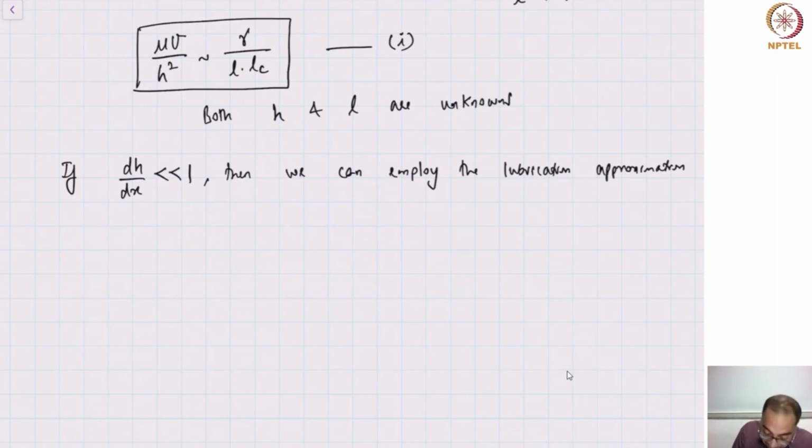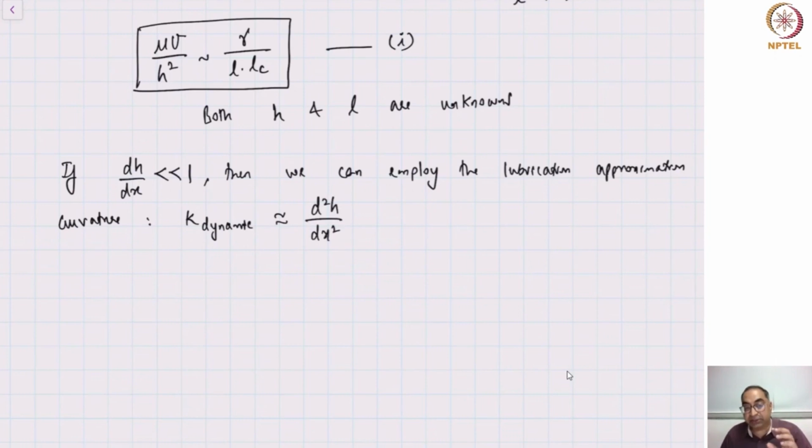In this lubrication approximation, we have the curvature in the dynamic meniscus would be d square h by dx square. Remember the nonlinear term in the curvature, which is 1 plus dh by dx whole square whole to the power of 3 by 2. That term is negligible.